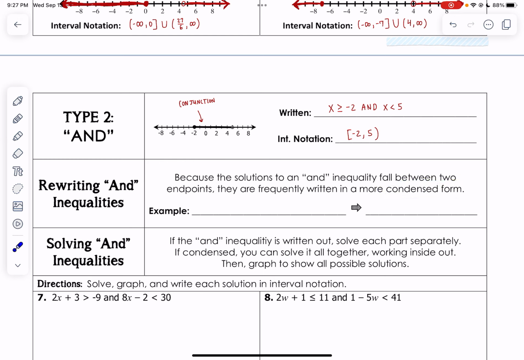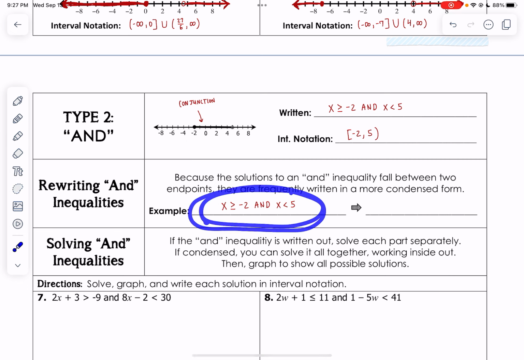So what I'm going to go ahead and do is rewrite what we got up here. So once again, this was the inequality we talked about earlier, and it has that and statement. So instead of writing this entire thing, there's actually a more efficient way of writing it, which is called the condensed form that they are referring to.